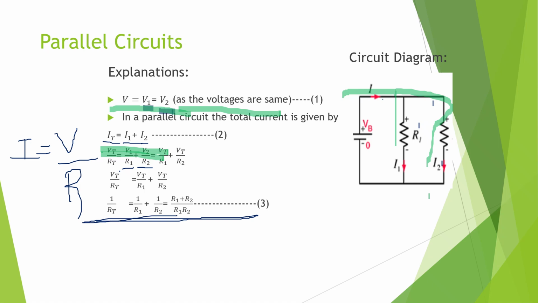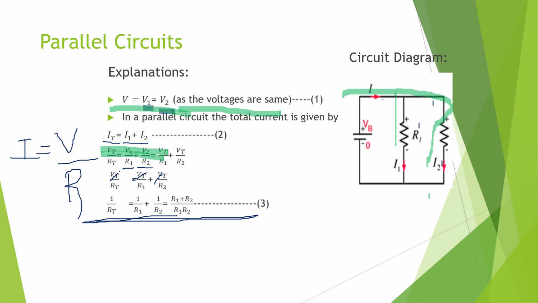So in a parallel circuit the voltages are the same and the current is different. When you take equation number 2, you can rewrite it as Vt by Rt is equal to V1 by R1 plus V2 by R2. The voltages are the same, so you can cancel the voltage.